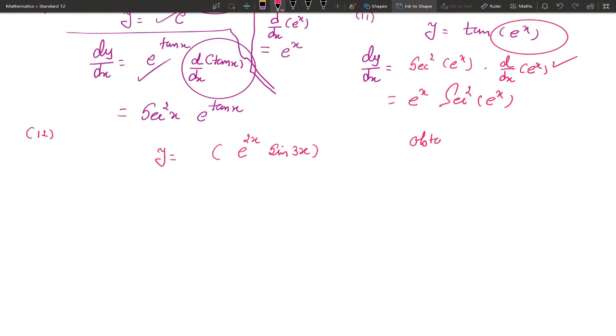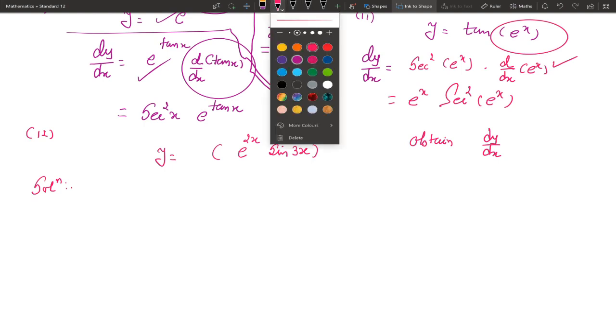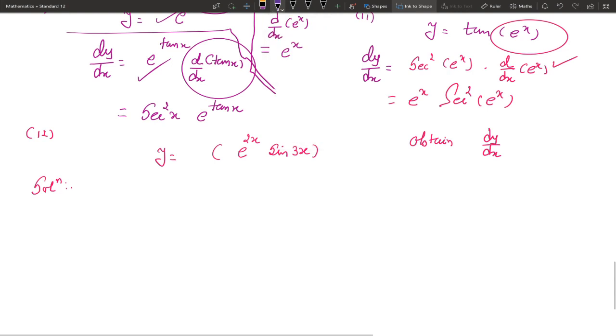Question is obtain dy by dx. Solution. So here two things we have to apply. First we have to use product rule. This is of the form u into v. You can observe this one as u, this one as v.